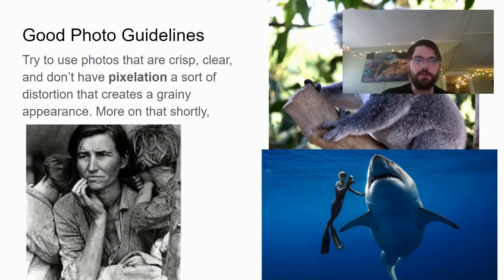So thinking about those guidelines, all of these examples that I'm showing right now have clear subjects that are well focused on, that are in good detail and well lit. Some, like the shark on the bottom right, has a lot of dark areas and shadows, but it also has some really strong highlights.